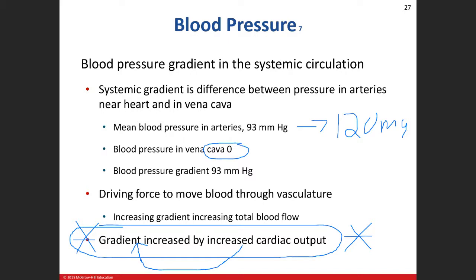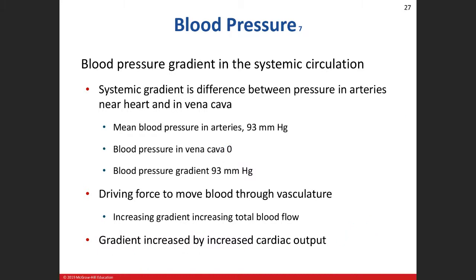If I increase the cardiac output, stroke volume, the amount of blood that's ejected per heartbeat out of the ventricles, or the heart rate, or both, I'm going to increase the gradient. And if we increase the gradient, we're going to increase total blood flow, the amount of blood that's flowing through your systemic circulation.